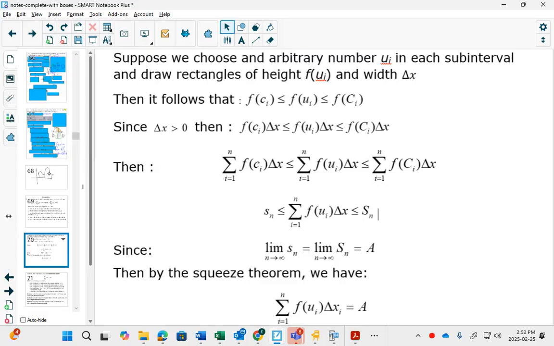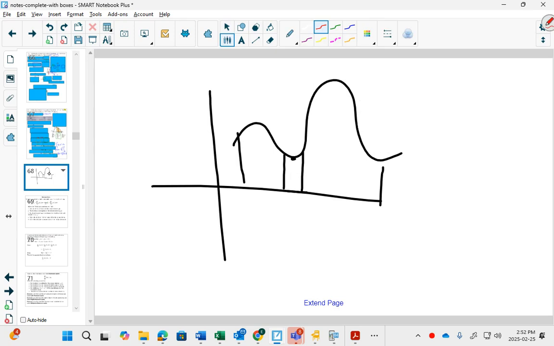So this green rectangle is definitely the minimum. This blue rectangle here would be the maximum. And any other point I pick in there, if I pick this point and make the rectangle, it would be in between.